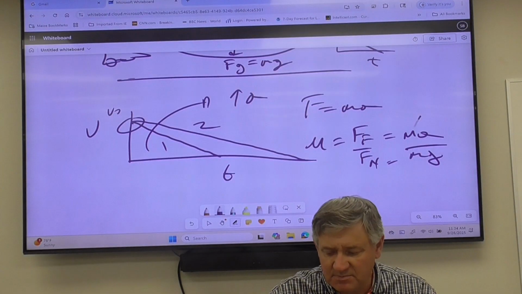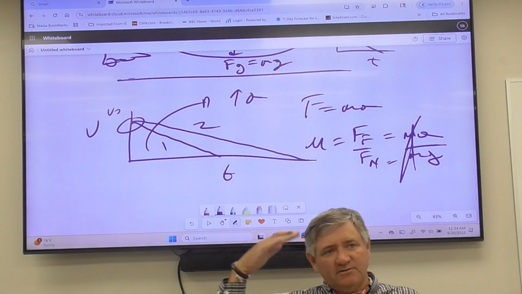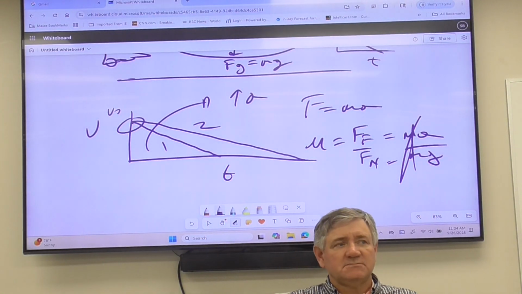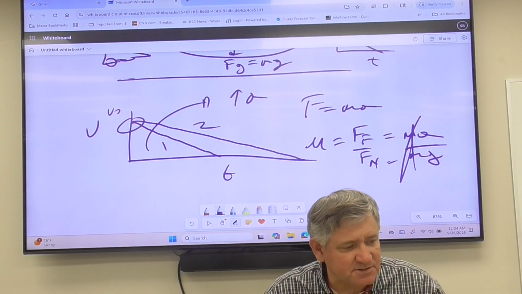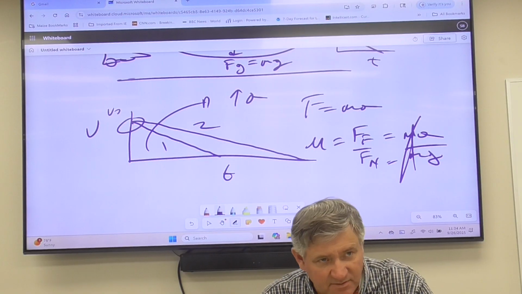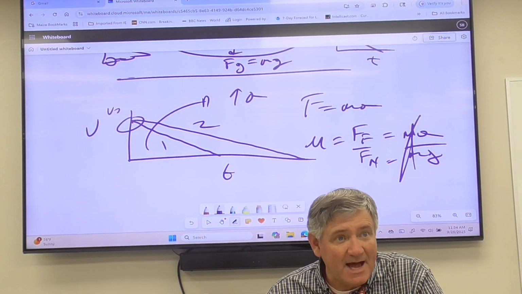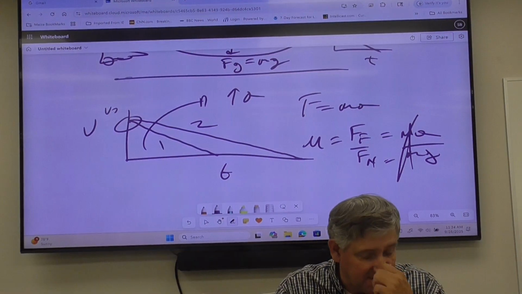So if you look at it this way, the masses cancel out. Mu can also be viewed as a ratio of accelerations. So when I take this cart and I give it a push, okay, it slows down a little bit. So if I knew what the acceleration of the cart was, I wouldn't need the mass. I could just take the acceleration of the cart and divide it by 9.8 meters per second squared.